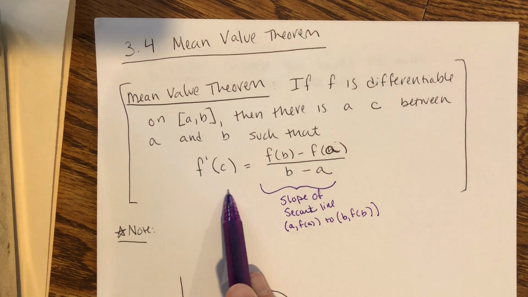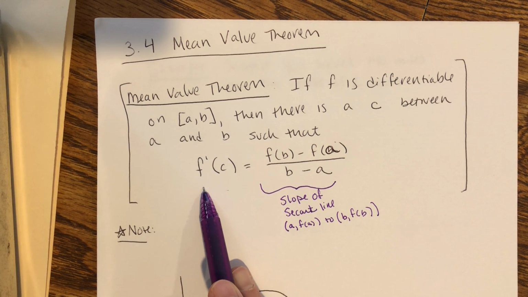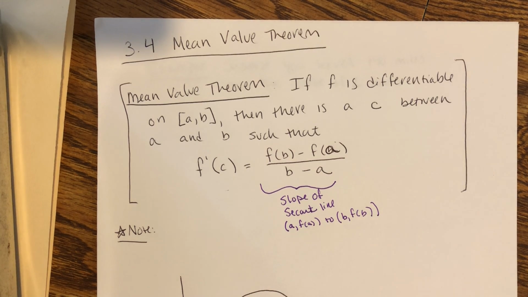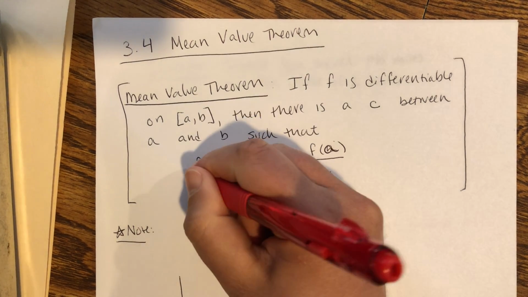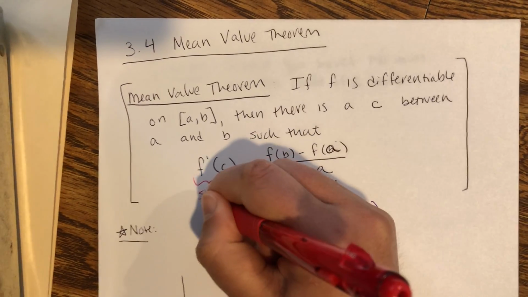And of course we know that f prime of c, the derivative, is telling you the derivative of the function at c. And that represents the instantaneous rate of change, or the slope of the tangent line at c.